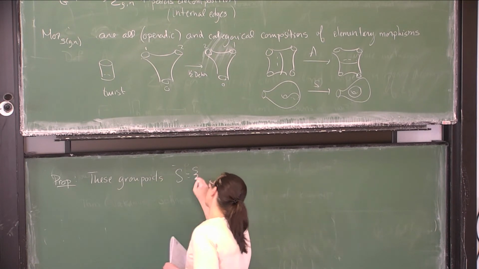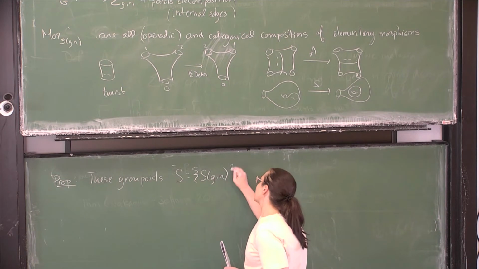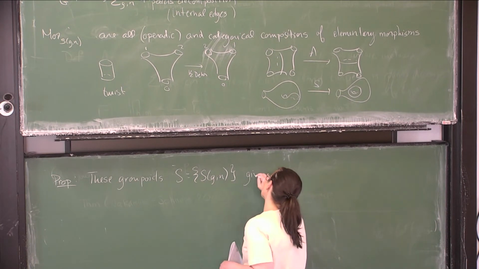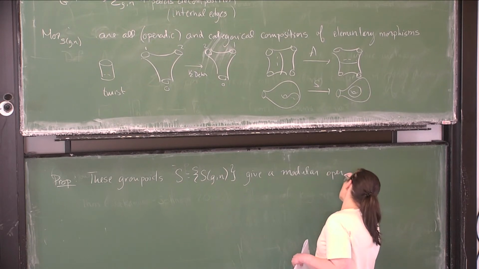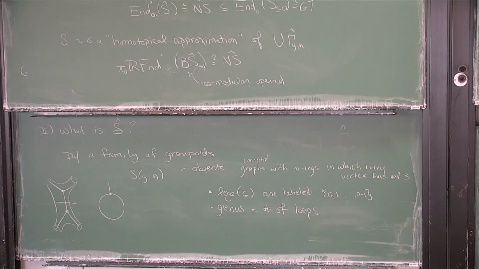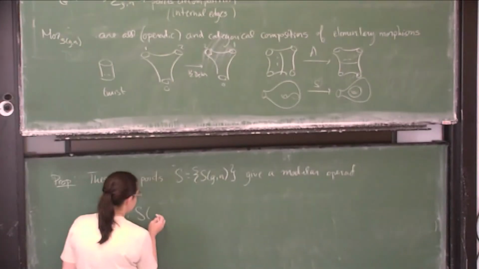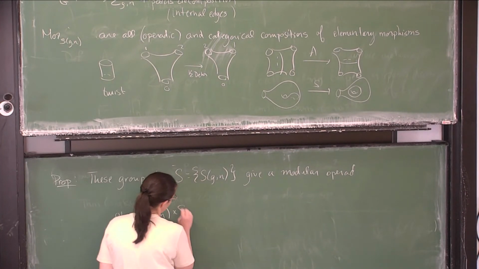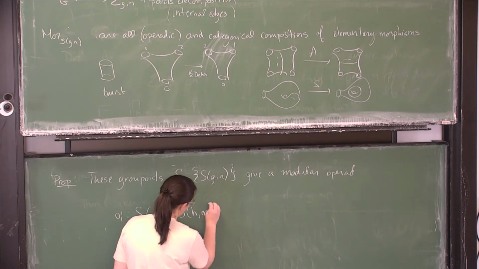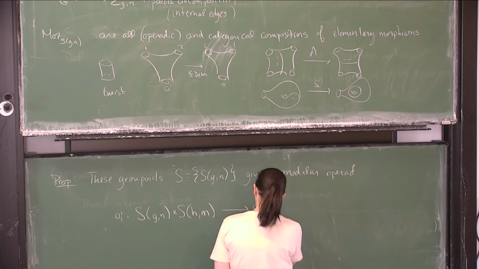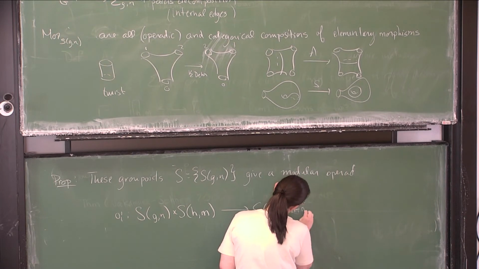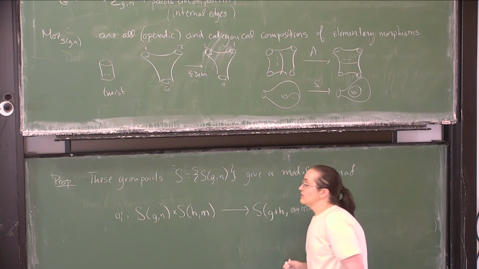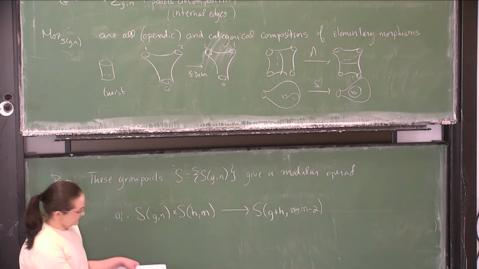So if I write the collection of all G n, meaning here that we have a series of compositions. So here I am talking about gluing surfaces together.